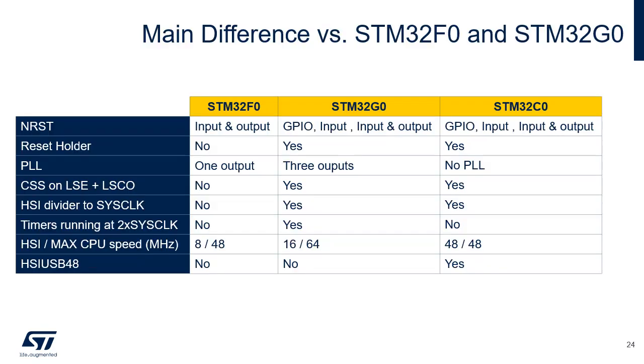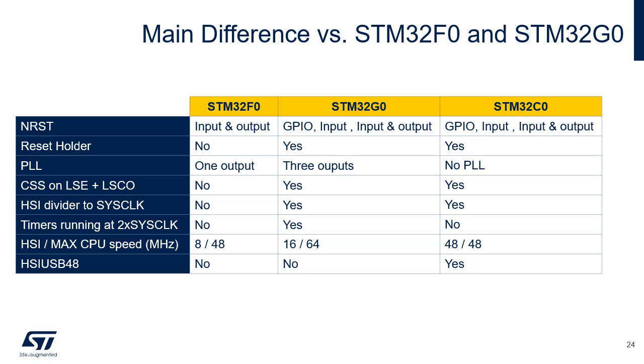The RCC unit in the STM32C0 is similar to that of the STM32G0, but introduces several new features compared to the STM32F0 series. The NRST pin has 3 possible configurations. Reset input, which allows external logic to signal a reset.